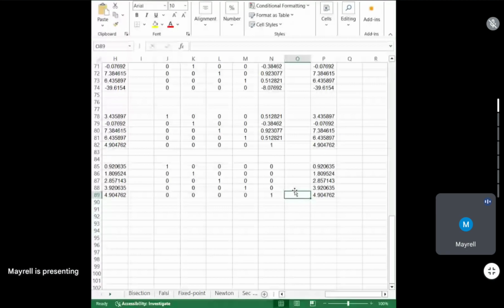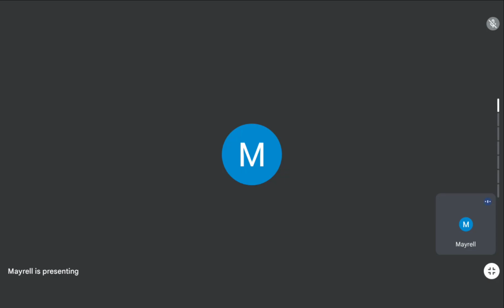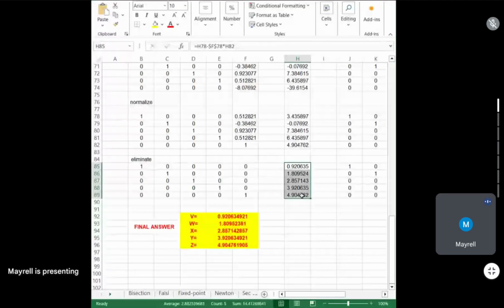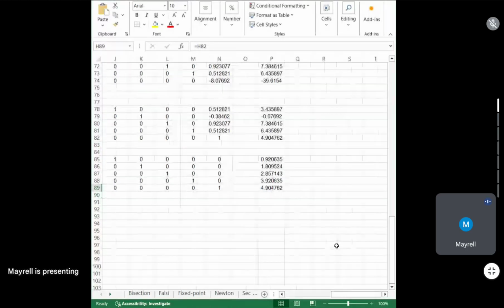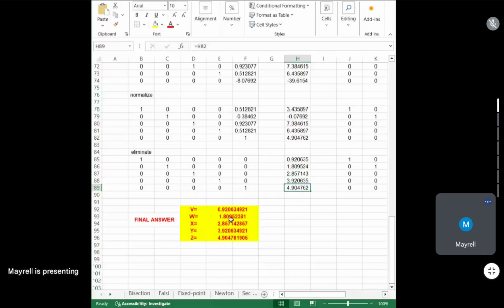If I have used V, W, X, Y, and Z, these are the corresponding values of V, W, X, Y, and Z. So katong first nimo nga variable, then your second, your third, fourth, and fifth. Those are the values. So sakto siya from what I have prepared.